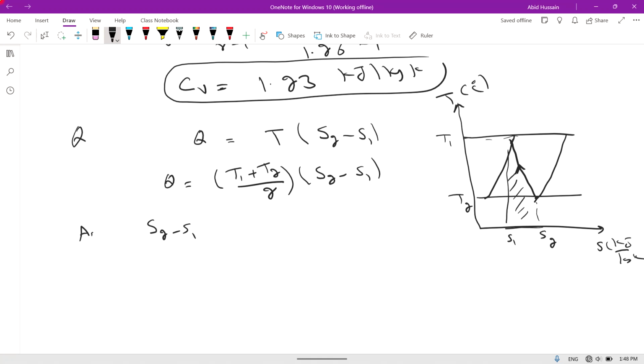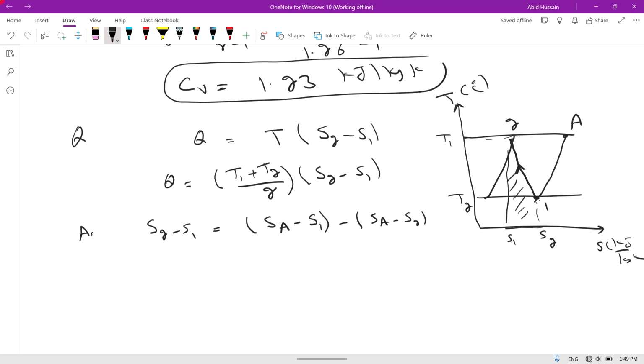From this graph, we cannot directly find S2 minus S1. We divide this into two parts. We name this point A. So S2 minus S1 is equal to SA minus S1 minus SA minus S2.